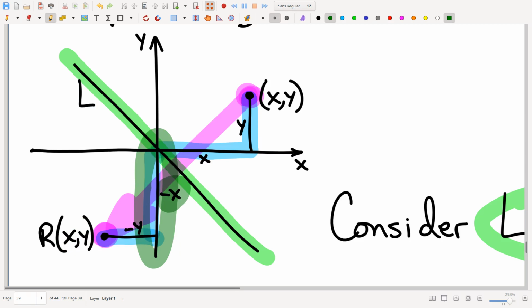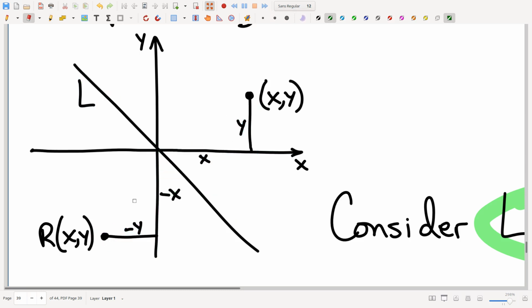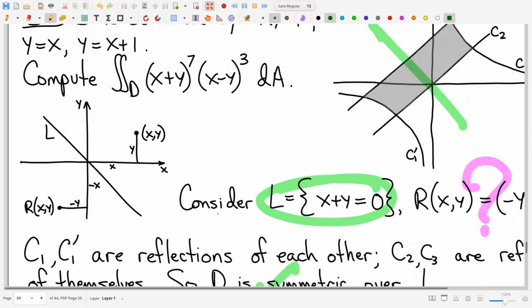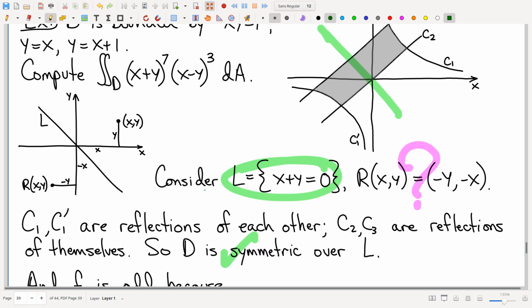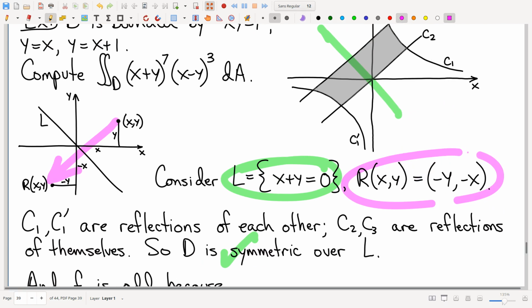This particular point of view is very handy when you're reflecting through 45-degree lines. Every scenario is a little different, but this is a nice tool in general, I think. Okay, so our reflection formula is, as previously noted, given by that formula right there. Everybody happy?